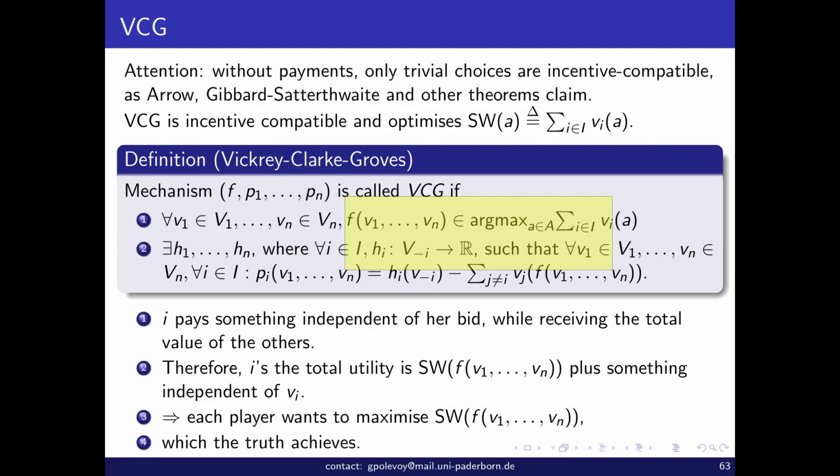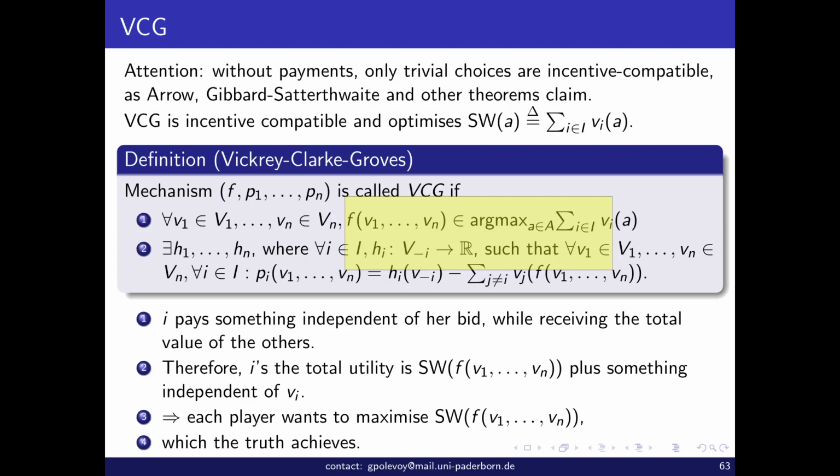Exactly like in that case, the reason it was incentive compatible is that given who wins, how much we have to pay did not depend on our bid. Who won might depend on our bid, but in a way which we still want to be the truth, because it's still the best for us to tell the truth.